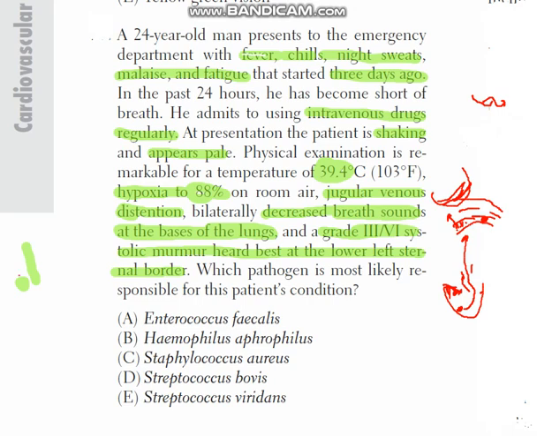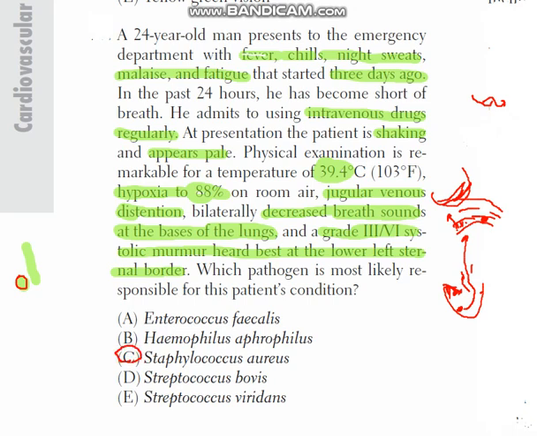So here there is a new onset murmur at the tricuspid valve location, that is the first sign, and there is formation of vegetation, which breaks off as emboli and goes into the lungs, causing pulmonary edema. So the most likely pathogen in this case is Staphylococcus aureus.